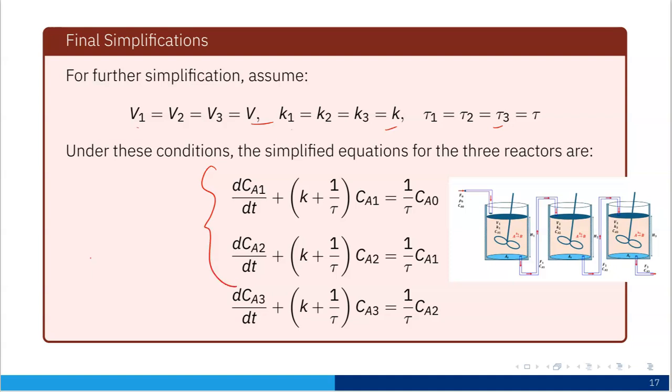So all these equations will be dCA1/dt plus (K plus 1/tau) CA1 is equal to 1/tau CA0, dCA2/dt plus (K plus 1/tau) CA2 is equal to 1/tau CA1, and dCA3/dt plus (K plus 1/tau) CA3 is equal to 1/tau CA2. So we get these equations for a series of 3 CSTRs with constant holdup and constant temperature. That's it. Thank you.